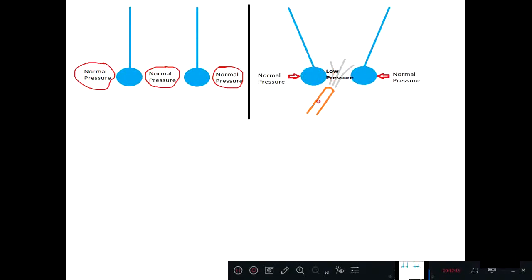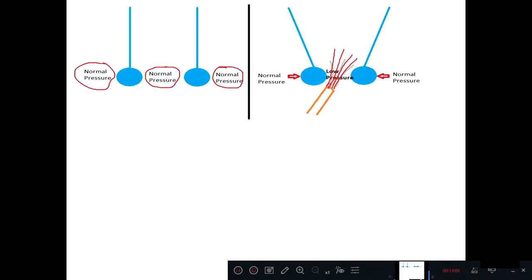And suppose you blow the air in between the balloons. The air particles will be moving in this direction, with a certain speed. Wherever the speed of the air is high, there the pressure will be low.